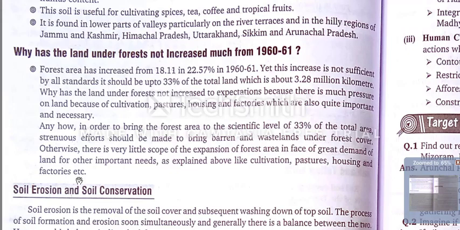The main reason behind it is population, and only population, because day by day population is increasing and the demand is also increasing according to population for production, for grasslands, for living place, for settlement, for factories, and people are continuously deforesting the land.